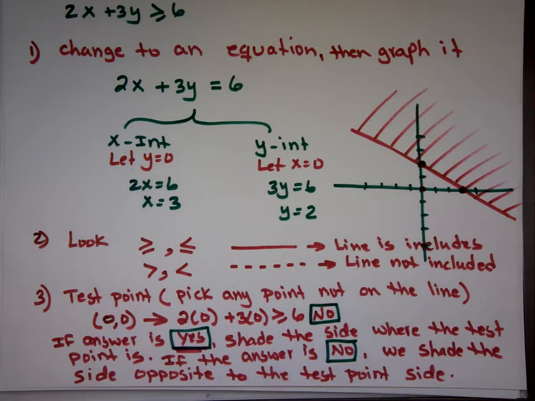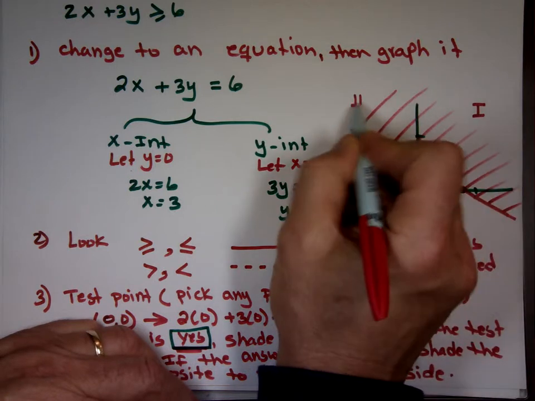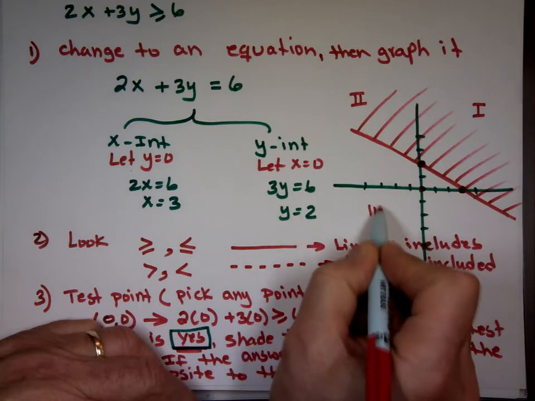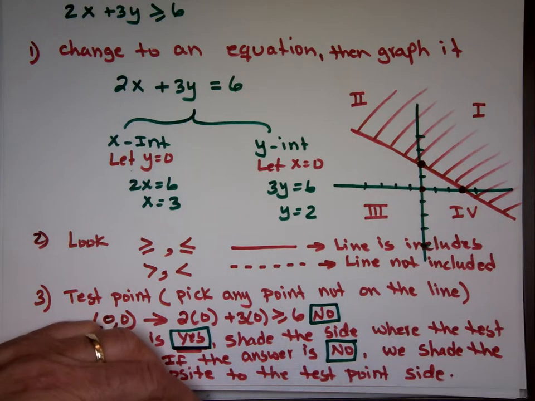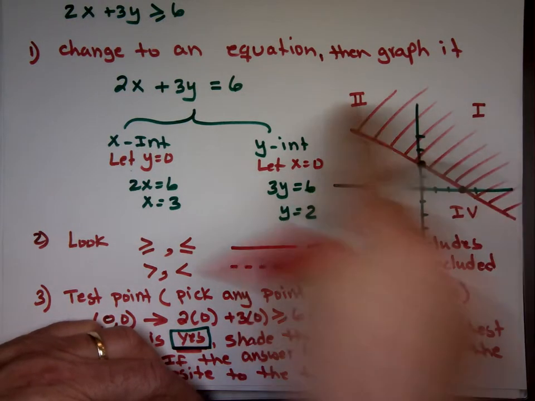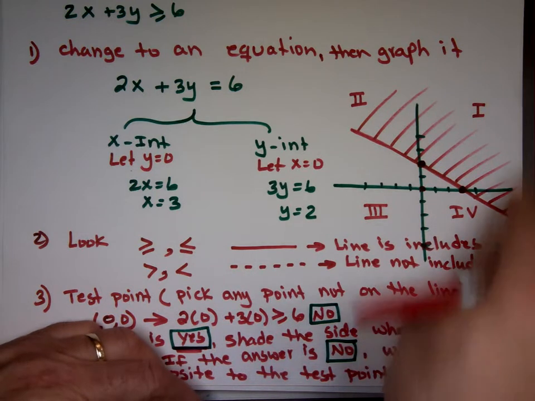Any point. So on the test, they might ask you, in which quadrant does your solution land? Remember, this is quadrant 1, this is quadrant 2, this is quadrant 3, and this one is what? 4. So your answer is 1, 2, and 4.